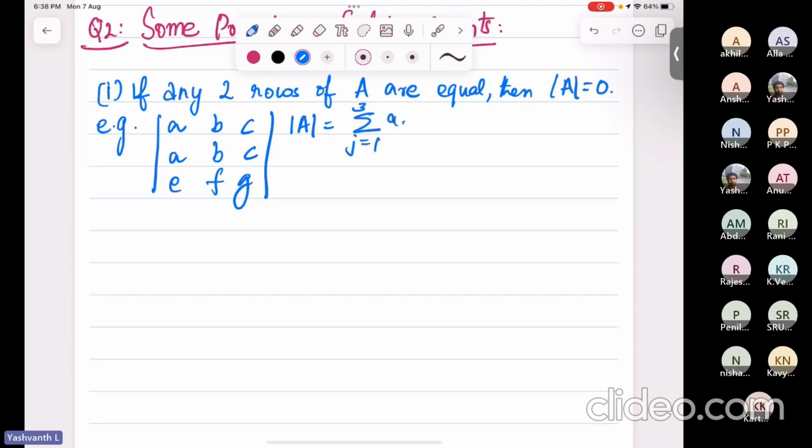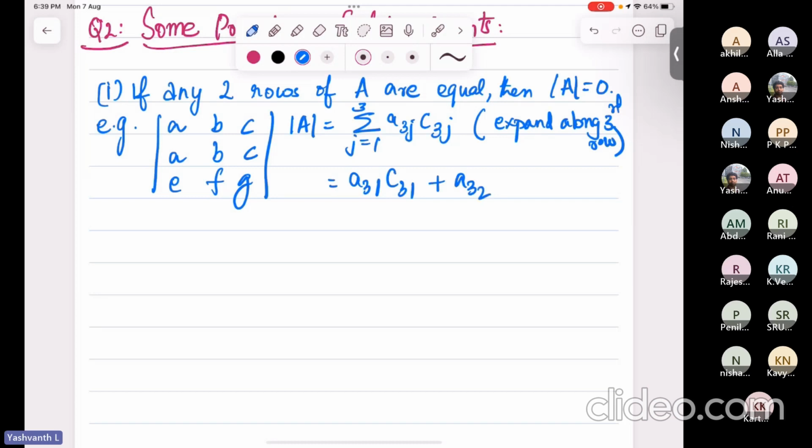A3J, C3J. That is, expand along third row. Basically, I set I equal to 3 instead of I equal to 1 in the last example. Then what is this? A31, C31 plus A32, C32 plus A33, C33.